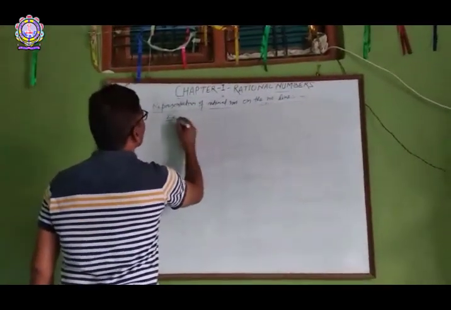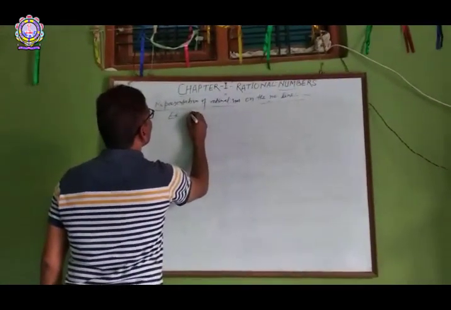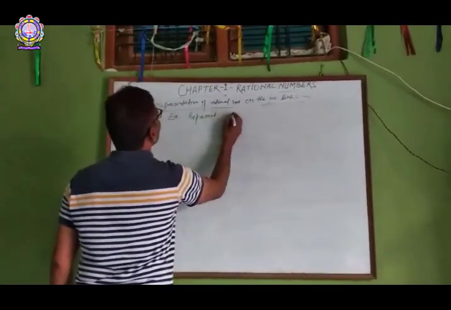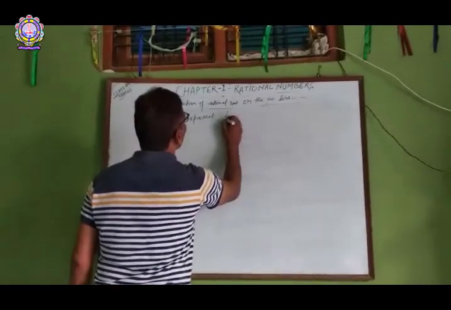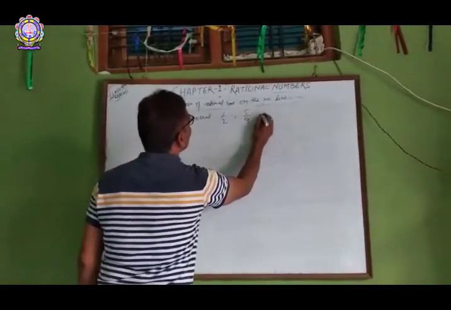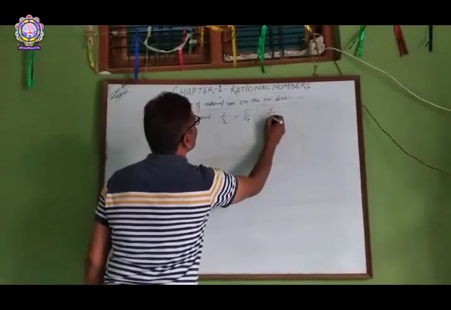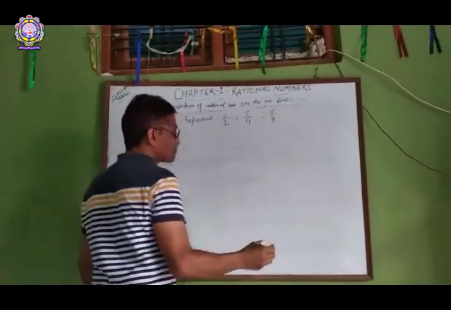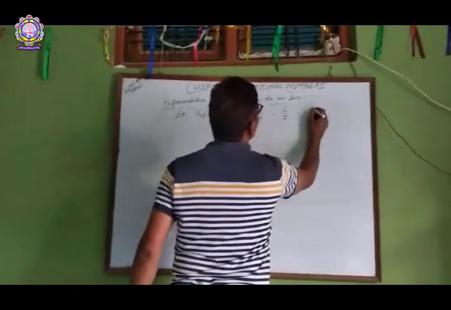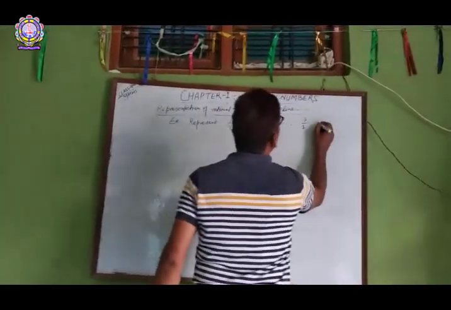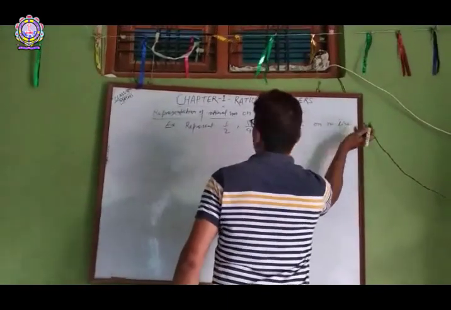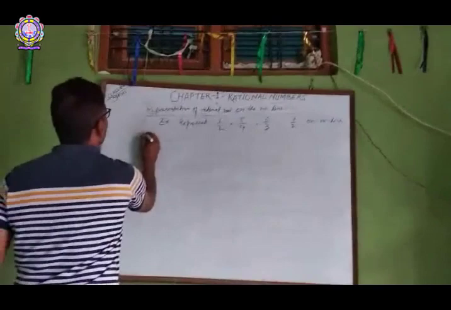Let us take: represent 1/2, 5/9, 6/3, 7/2 on the number line. Solution.